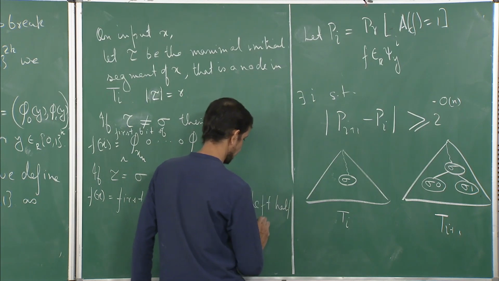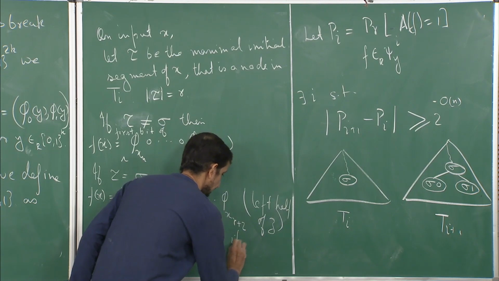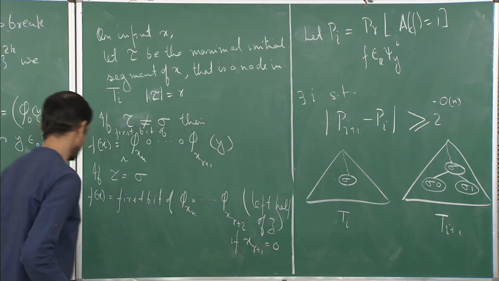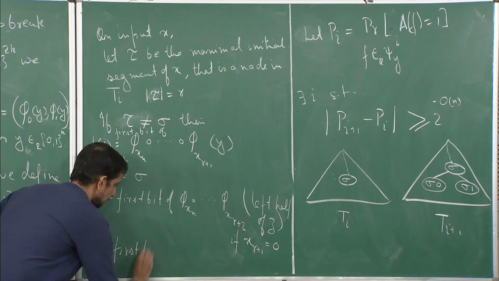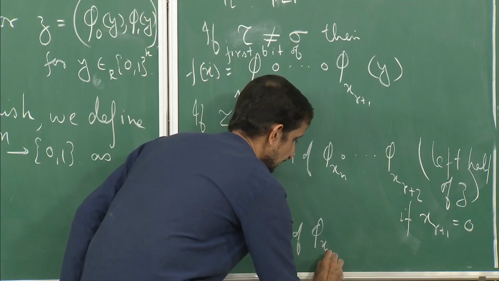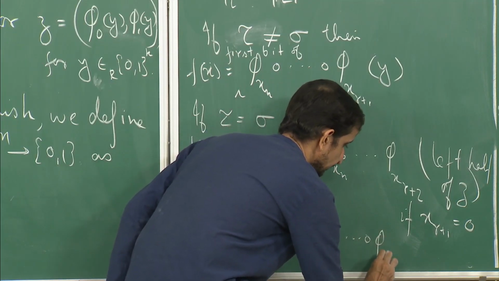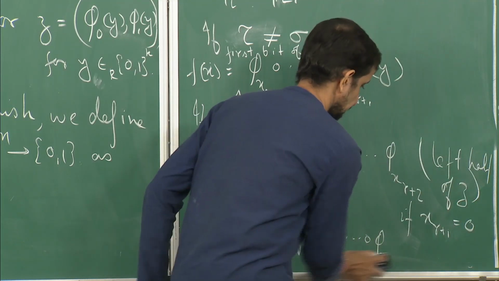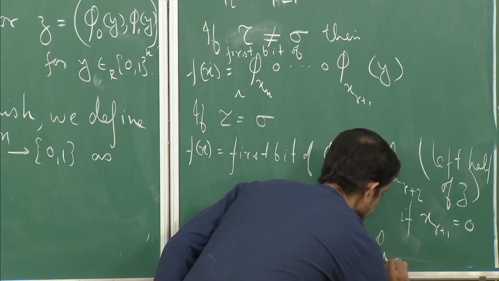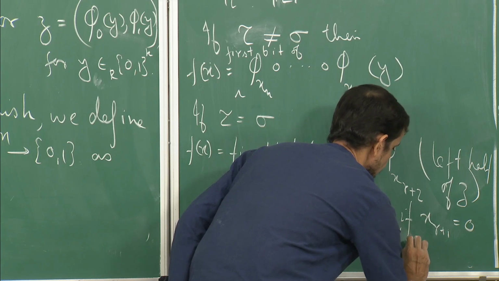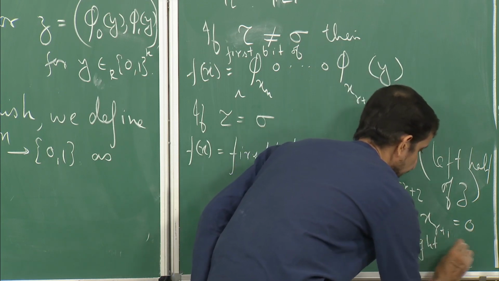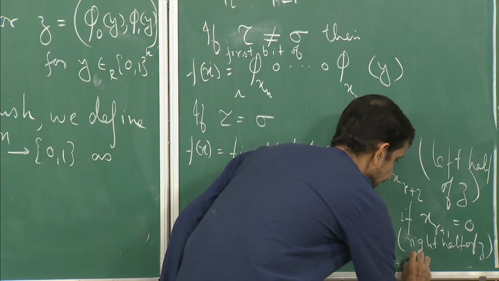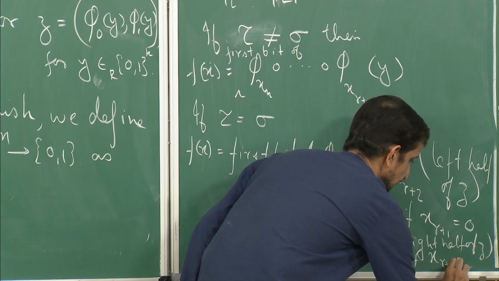left half of z if x r plus 1 is equal to 0, and it is equal to the first bit of phi xn, phi x r plus 2, right half of z if x r plus 1 is 1.